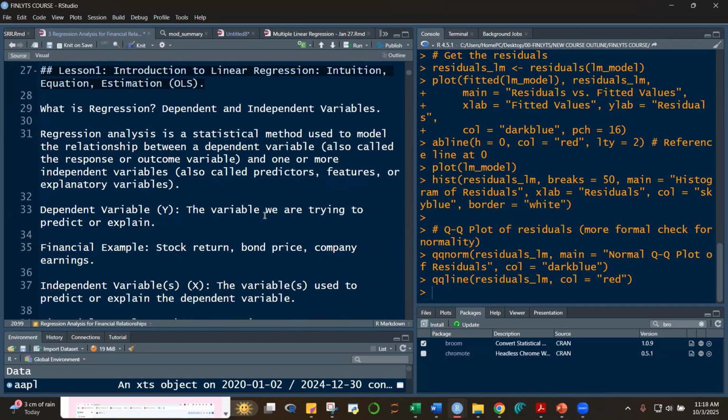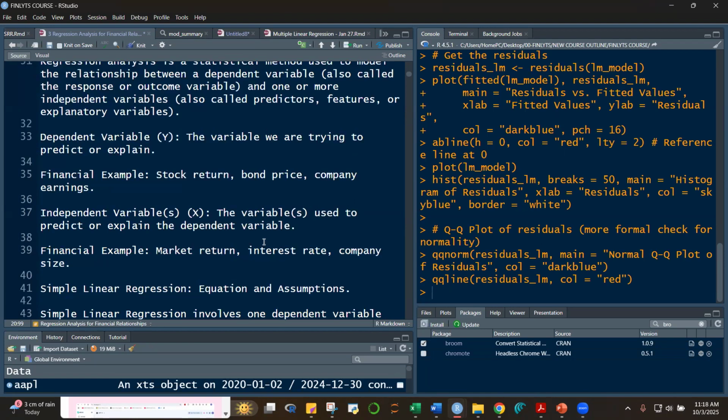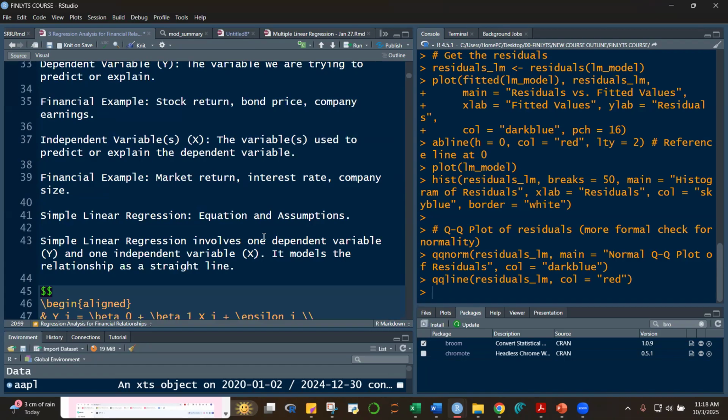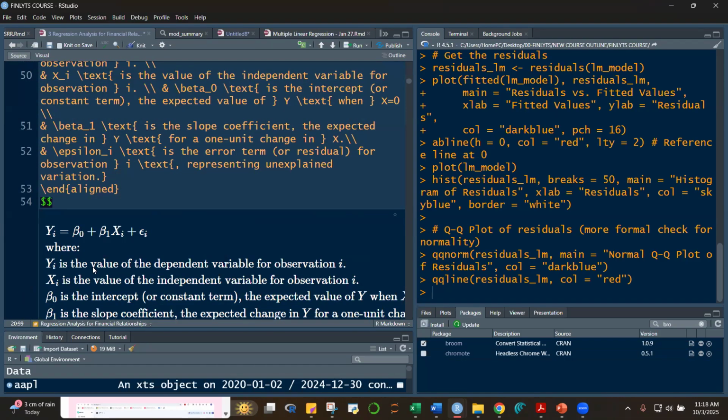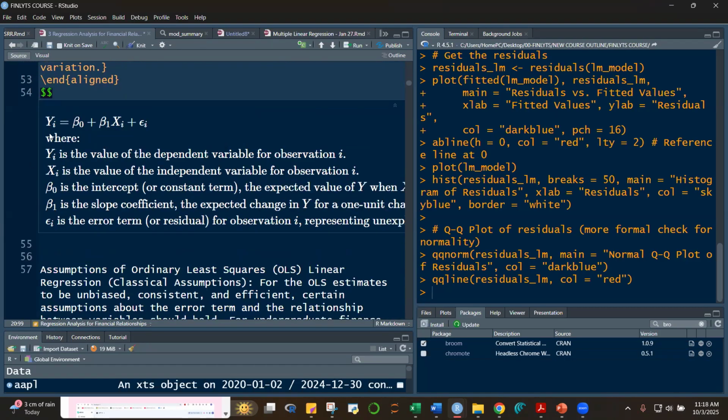Okay, so last time, what we did was to briefly explain what linear regression is. And we said that the equation in general is that y sub i is equal to a certain constant plus beta 1 times x sub i, which is your independent variable, plus your residuals.